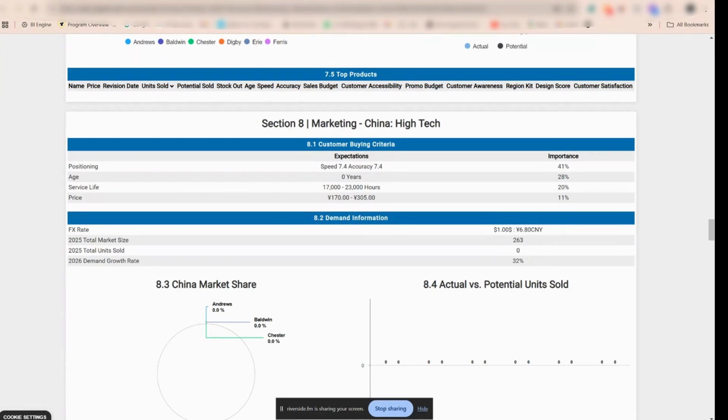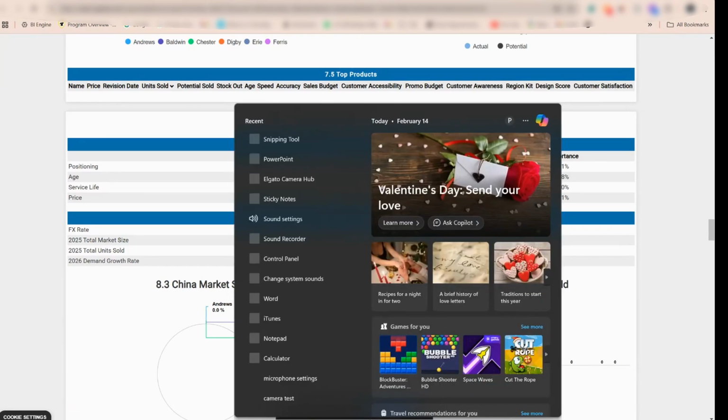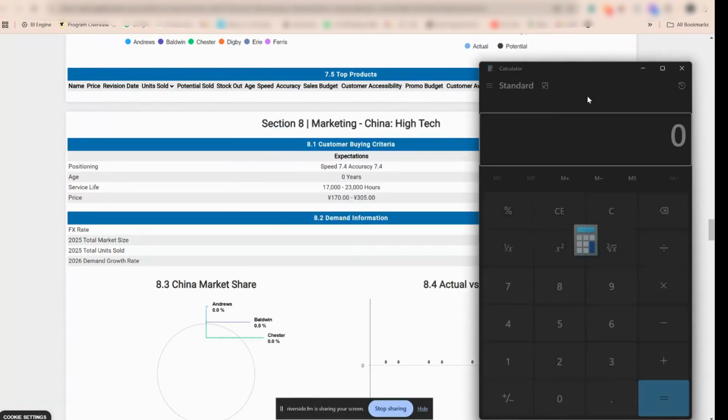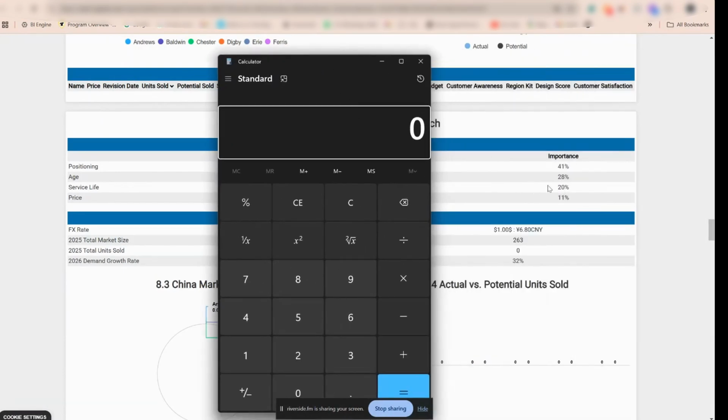So let me bring out my calculator so you can see how I do this. So for the China market, increase 263 by 32%. So this is going to be the market size for the China high tech market in 2026. I'm sorry, but the product will be out in 2027, so we need to plan for 2027.